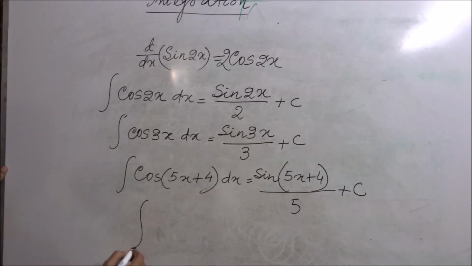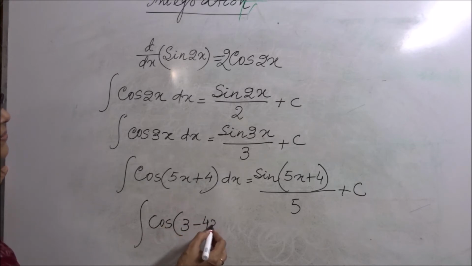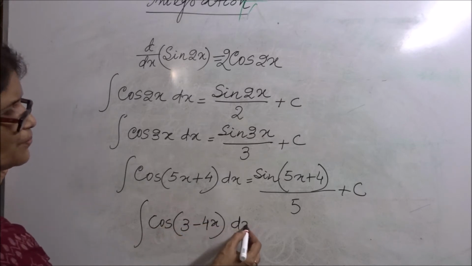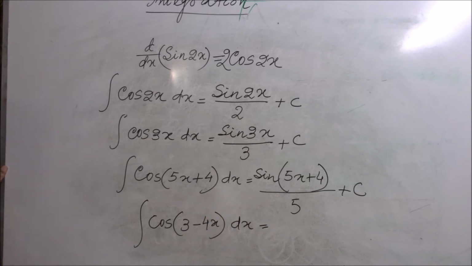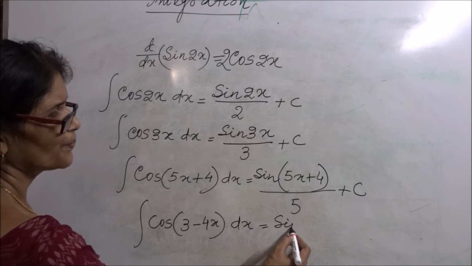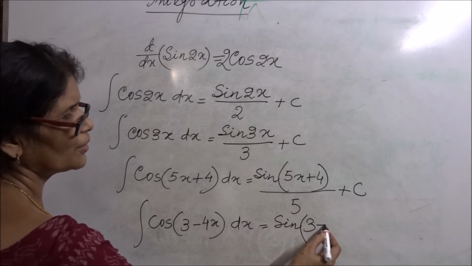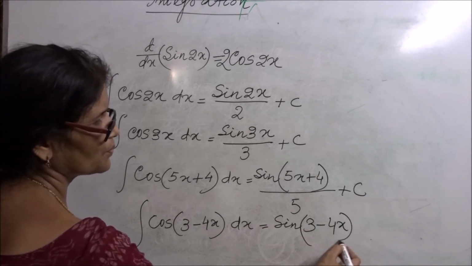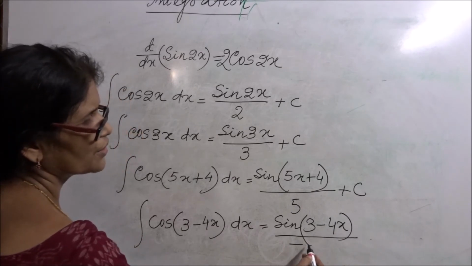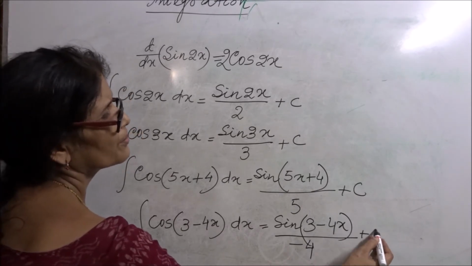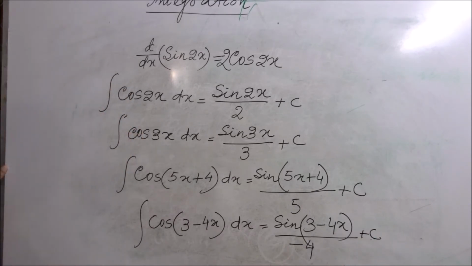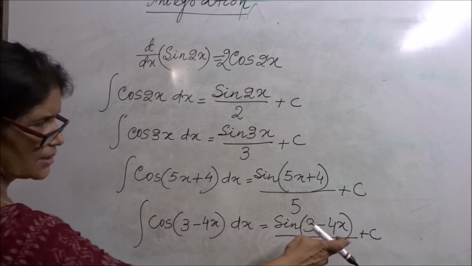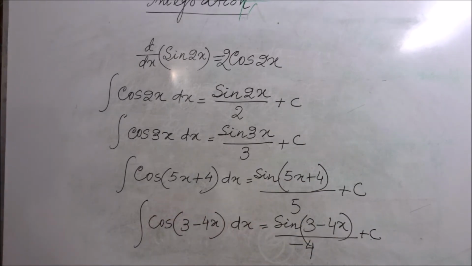If it is cos 3 minus 4x, it will be sin 3 minus 4x upon minus 4, because the coefficient of x is minus 4. And don't forget to write down this c at the end.